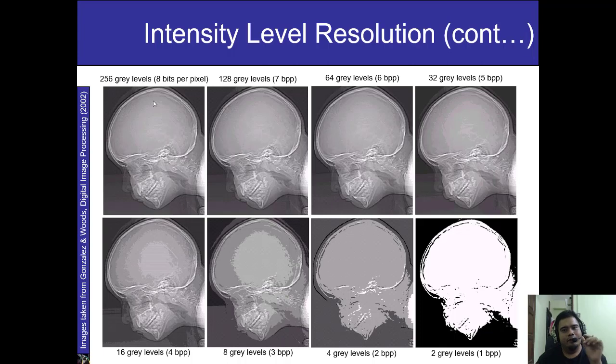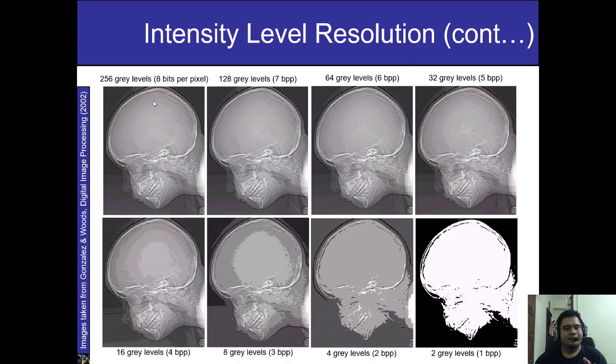If 1 pixel is 8 bits, which is 1 byte, then a 30 megapixel image requires 30 megabytes to store in your computer memory.